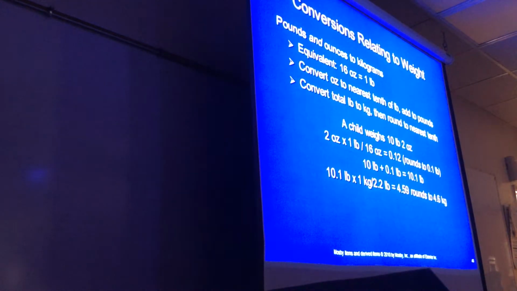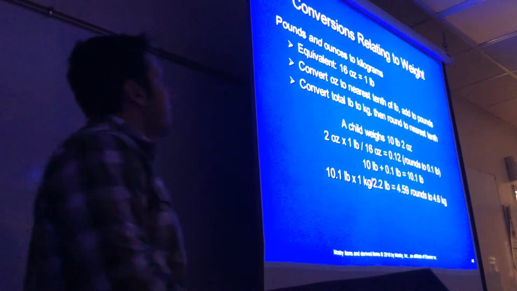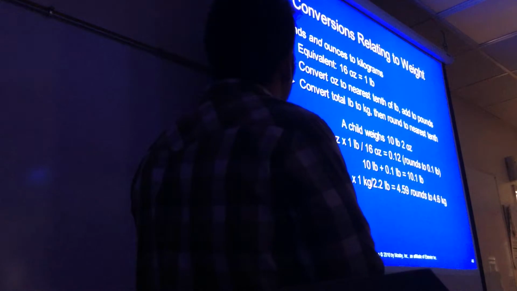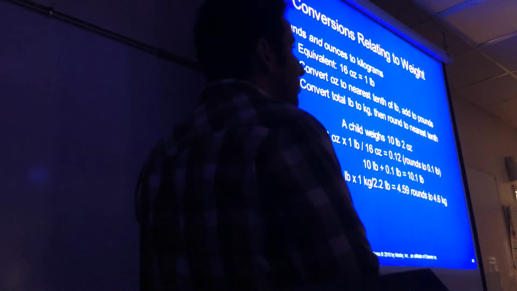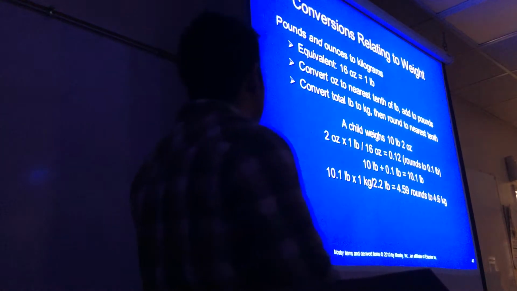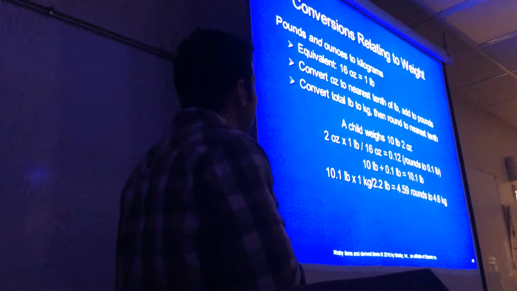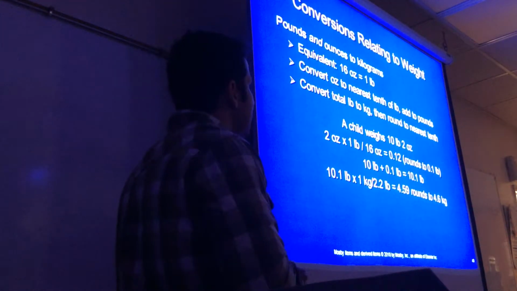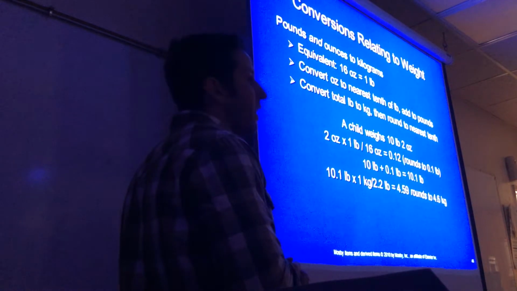Pounds and ounces to kilograms. So when we have babies that are born, like I said, when we do pediatric dosage calculations, what do we use? We use kilograms. We don't use pounds and ounces. So we need to convert everything for that reason. So if I'm going to convert 9 pounds 6 ounces or 10 pounds 2 ounces, based on the example on the board here, I need to take my 2 ounces, divide it by 16, and that will give me my pounds.